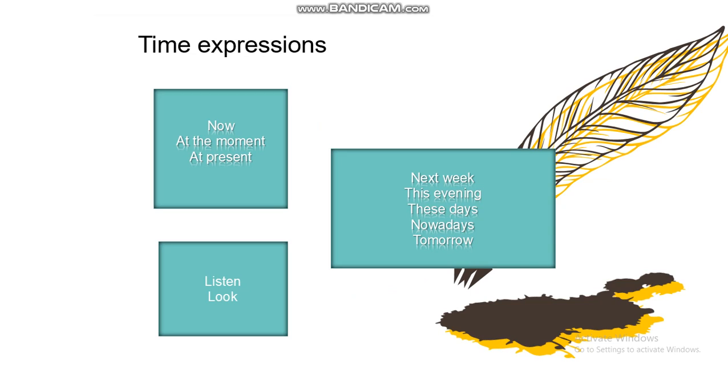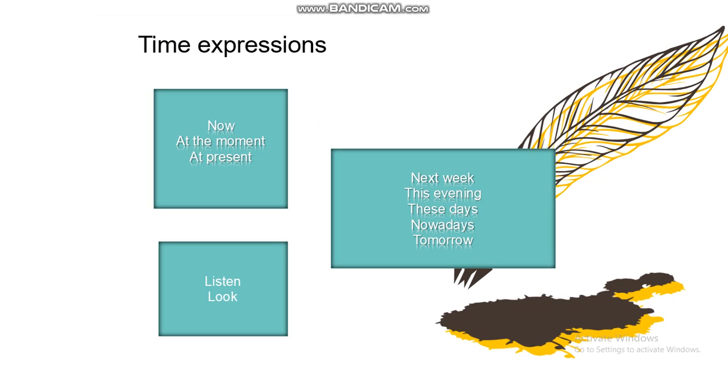So there are sometimes expressions we use to know that we are talking about the present continuous, like now, at the moment, at present. As you can see, I'm talking about actions happening right now, so I know that I'm using the present continuous. And also: listen, she's singing. Look, the bird is eating. So these time expressions, we use with the present continuous.